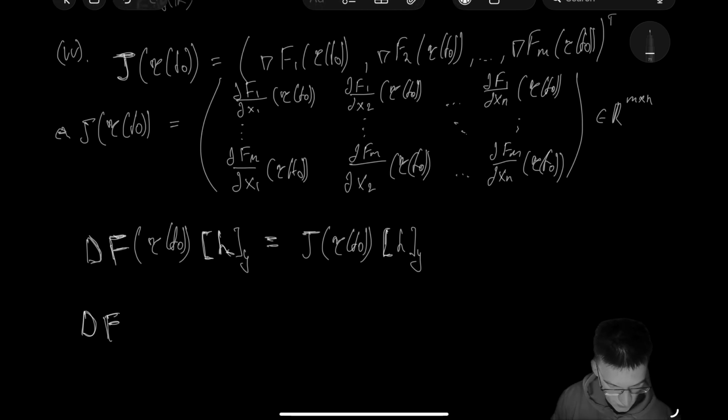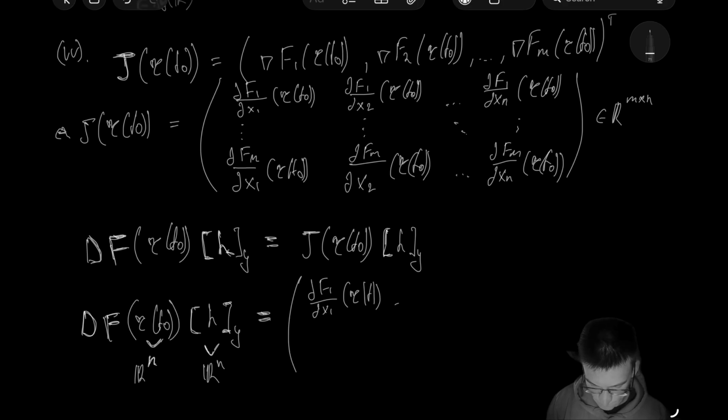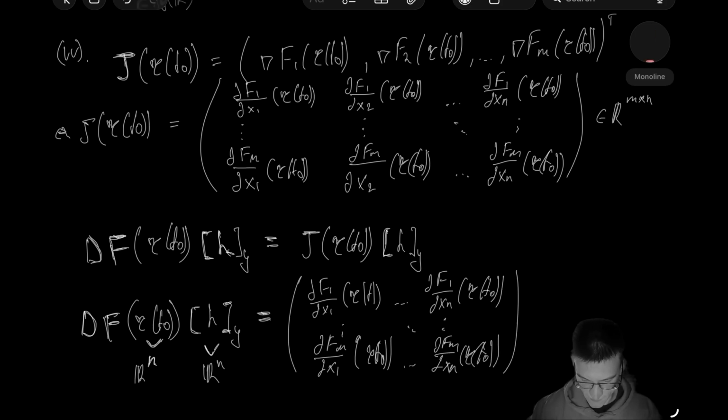This is going to be the differential operator at the specific gamma vector in hyperspace n, with a respective displacement vector y. y is also defined in the hyperspace n, which would be the matrix of partial derivatives of f1 with respect to x1 at the gamma vector, until fm with respect to xn at gamma(t0).